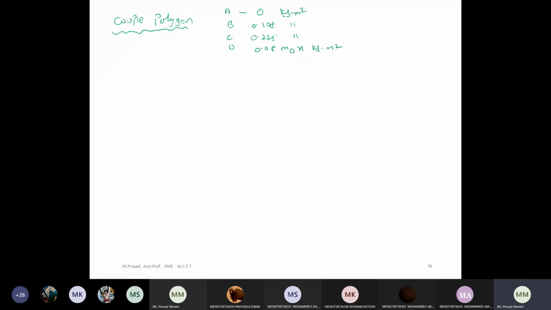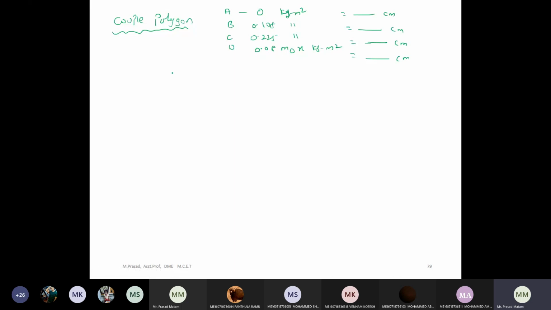All the values I have are in terms of kg meter square. This kg meter square I need to convert in terms of centimeters. Next, my job is all these values to be converted in terms of centimeters. How can I convert this into centimeters? A is 0, B is 0.108, C 0.225, D 0.08 MD into X.